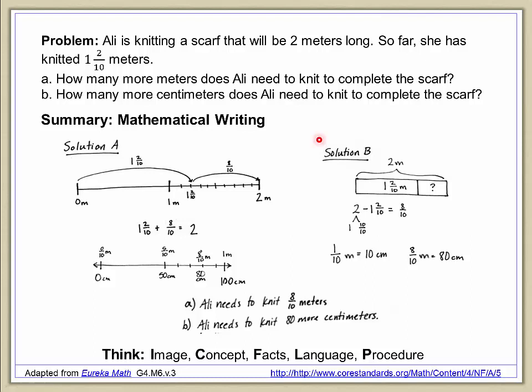The second solution that's shown here is somewhat more procedural. They just take 1 2/10 and know that they need to complete up to 2 meters. So they take 2 minus 1 2/10, break the 2 down into 1 10/10. This is a number bond idea, which we spoke about some before.